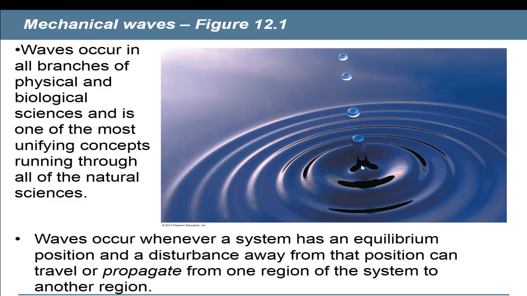You have a disturbance at this point, and this disturbance is transmitted out in all directions around the edges. So these are all waves. It's a transmission of that disturbance, and we'll see later on that it's really just a transmission of energy from one point to another.